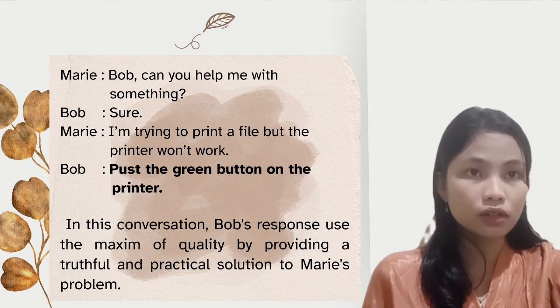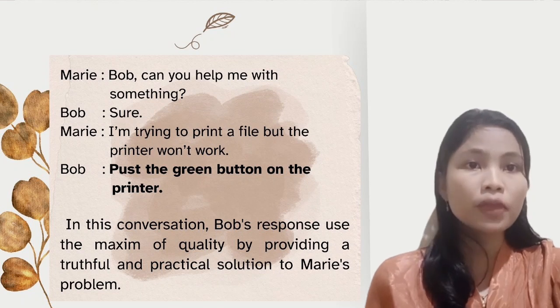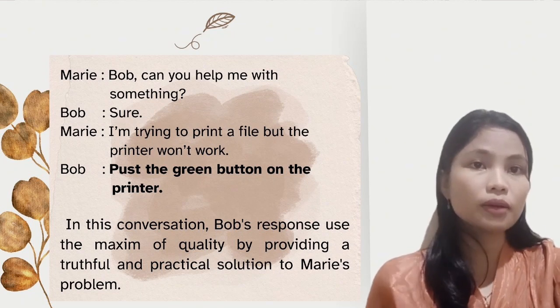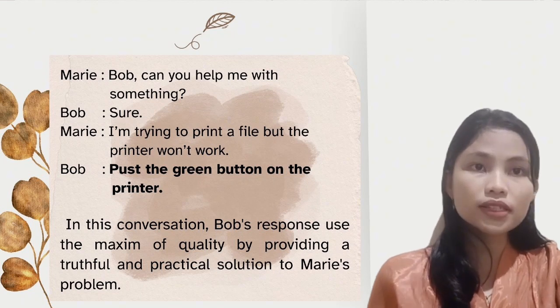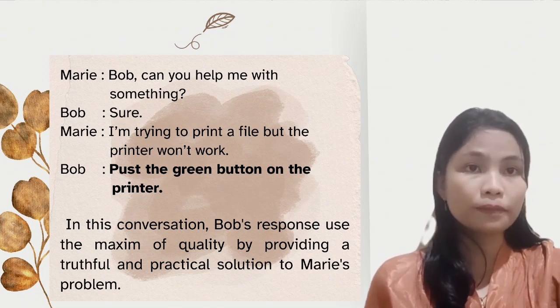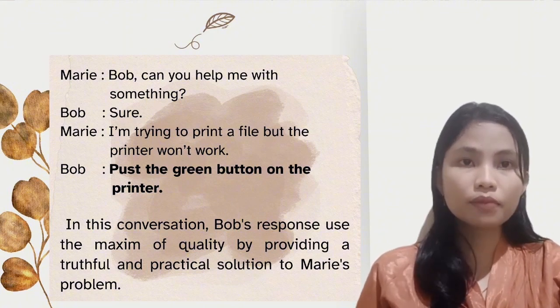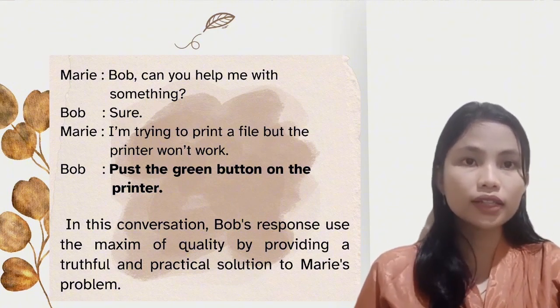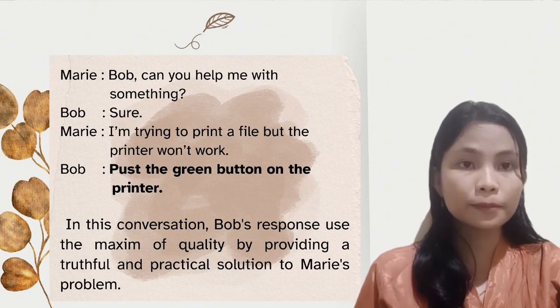By telling Mary to push the green button, Bob is guiding her behavior and prompting her to take a specific step to achieve the desired outcome. In this conversation, Bob's response used the maxim of quality by providing a thoughtful and practical solution to Mary's problem.